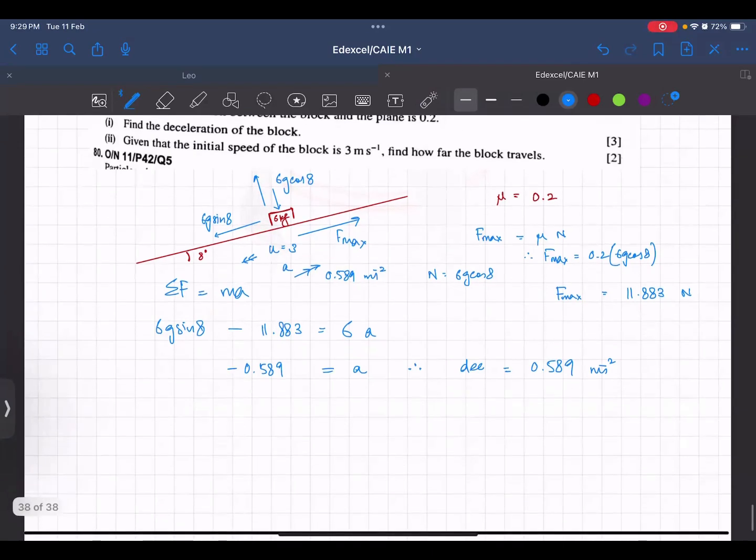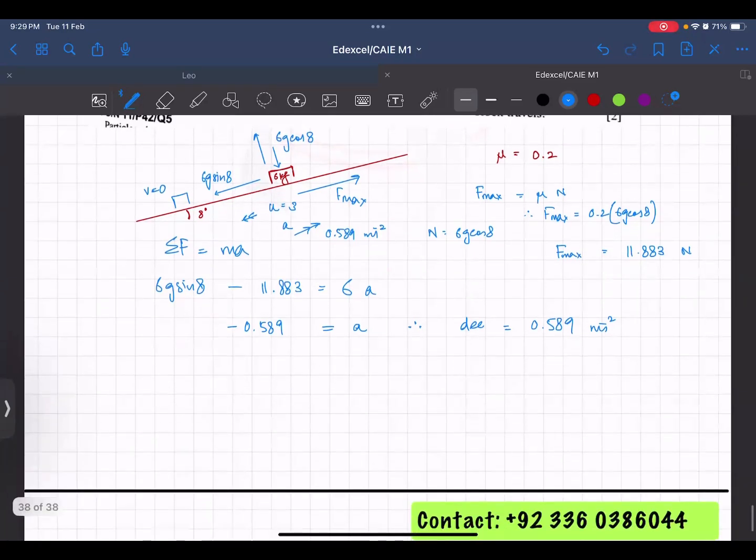So definitely the deceleration would try to reduce the velocity. So the velocity of the block would reduce until it gets to 0. Let's suppose the final velocity becomes 0, and the block is now static, because friction F max is greater than the weight component. So this block won't be falling down more.